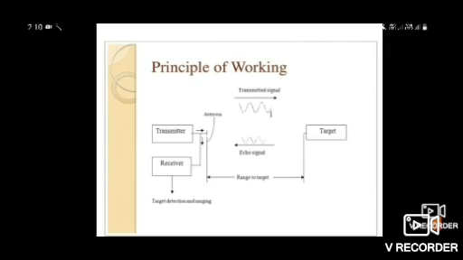That means a single antenna can be used for both transmission and reception. So when the target reflects, it is received by the receiver, and we can have the range of the target.